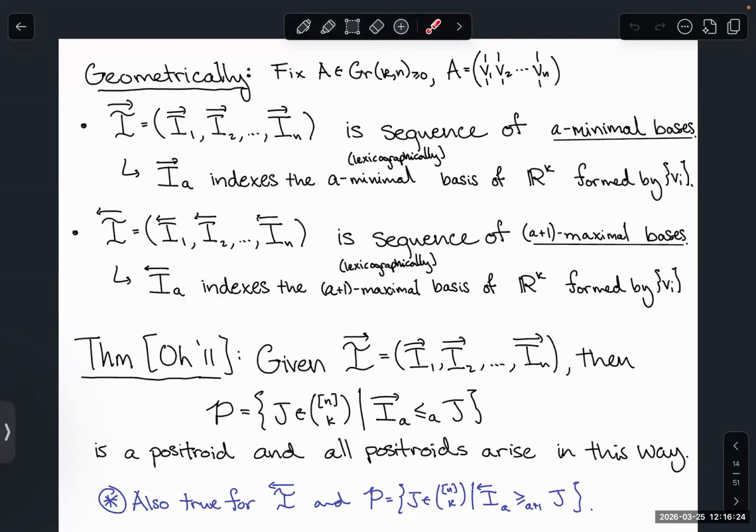The same is true dually: each subset that we include has to be less than the A-th reverse Grassmann necklace term under the A+1 ordering. But yeah.